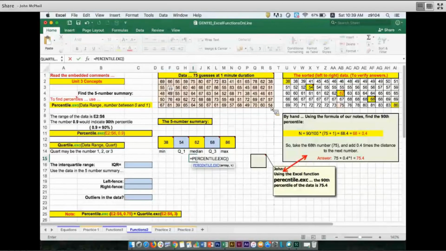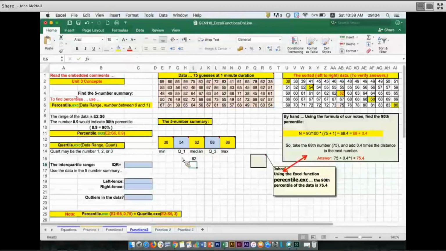And this time, the additional information required is a number between 0 and 1. 50th percentile, 50%. 50 out of 100 is the same as 0.5. We select enter, and once again we get 62. The median is the 50th percentile. That's 2 ways to obtain 62, the median.